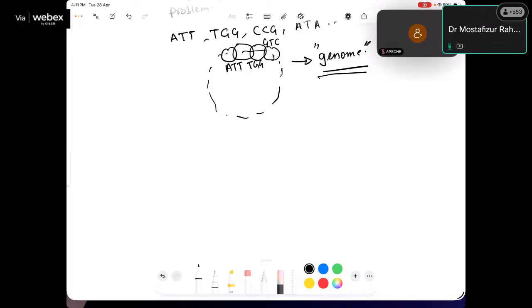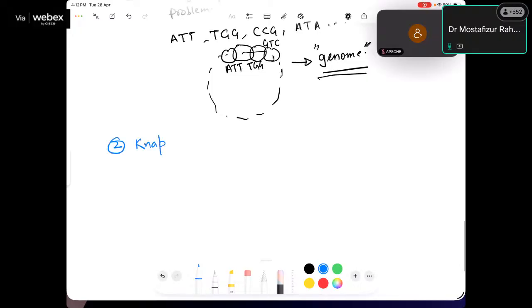So let's take a break of 5 minutes and then we'll come back with the problem. The second problem is the knapsack problem. After these two examples, there are plenty of examples, 4 or 5 are there. Okay, let's leave the knapsack problem, we all know it.